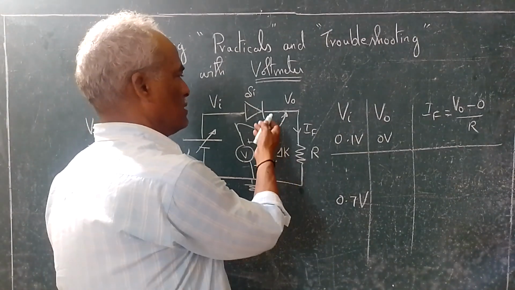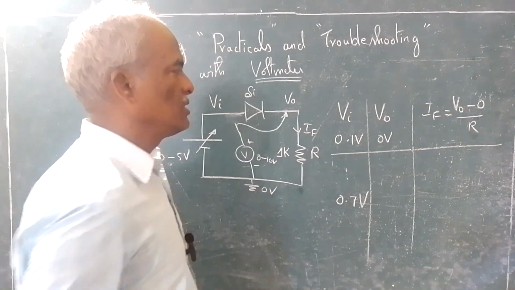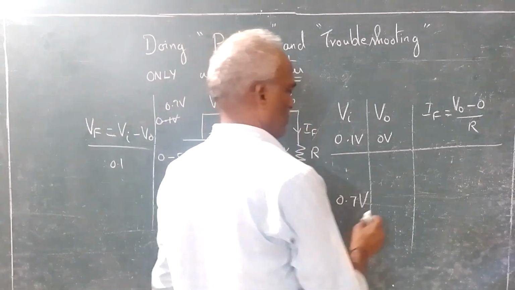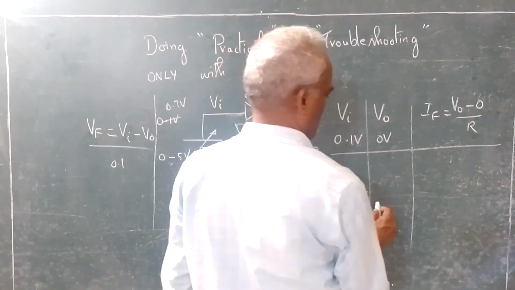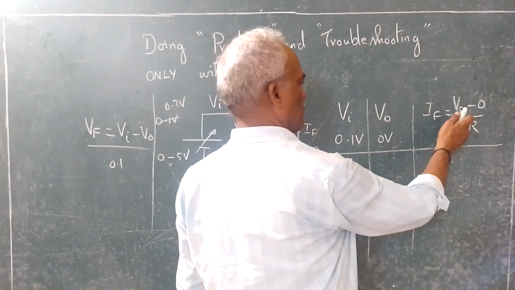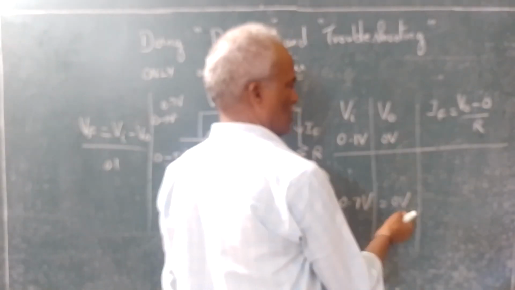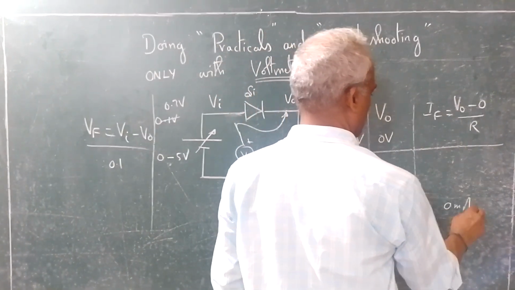Just the diode is on. So the voltage drop here is 0. So V out here will be 0, or you can see some negligible voltage, so roughly approximately equal to 0 volts. So IF is V out minus 0 divided by R, which is 0. So here also you will be getting 0 milliamps.